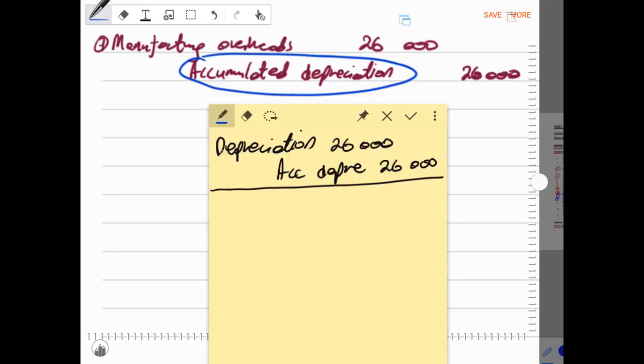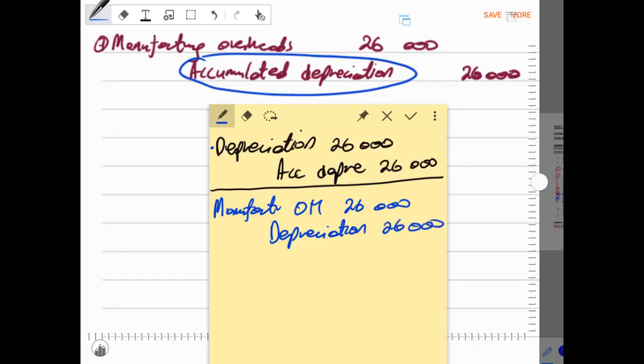So what we do, we close off this depreciation and we transfer that into the manufacturing overheads. When we do that, we debit our manufacturing overheads, and we increase our manufacturing overheads by 26,000 rands. Then we cancel the depreciation, or we transfer the depreciation into the manufacturing overheads, which is 26,000 rands.